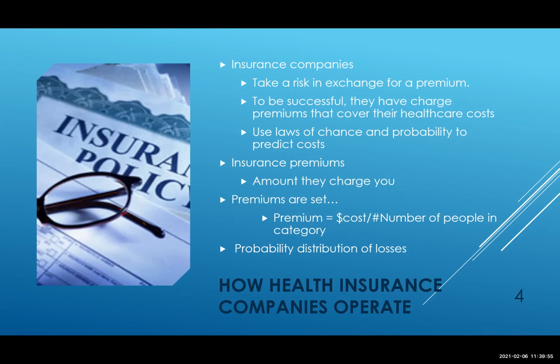So our costs are not that high in our category. However, my husband works for a construction company, and the majority of those workers are in the field using dangerous equipment, getting up on roofs. So they're in a more dangerous job. So their premiums are much higher.